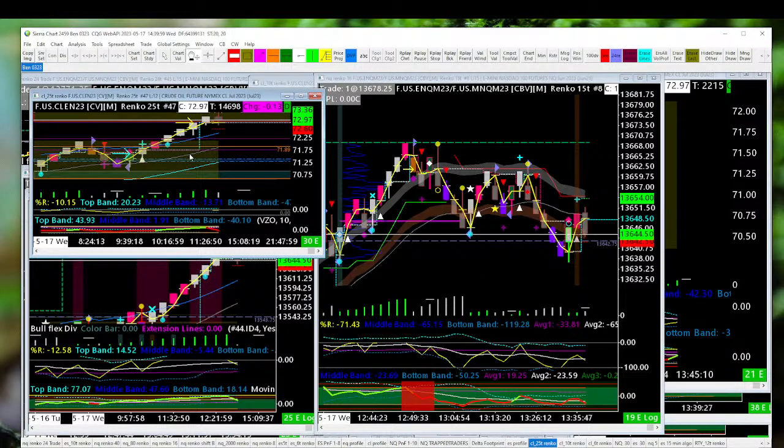But I find the midpoint of this Keltner channel is actually the more important line, because all you really need to do is figure out how far away you are from that midpoint. And it doesn't really matter if it touches the edge of the Keltner channel. You just don't want to be going in the wrong direction.